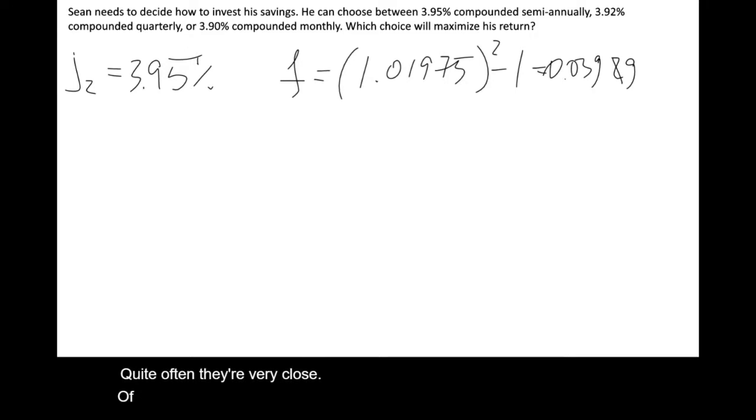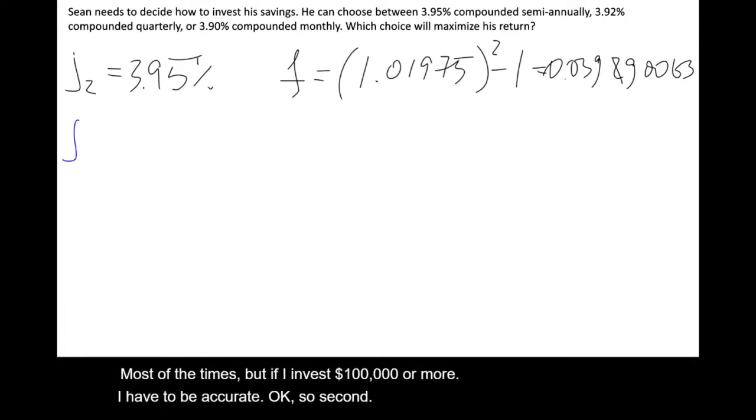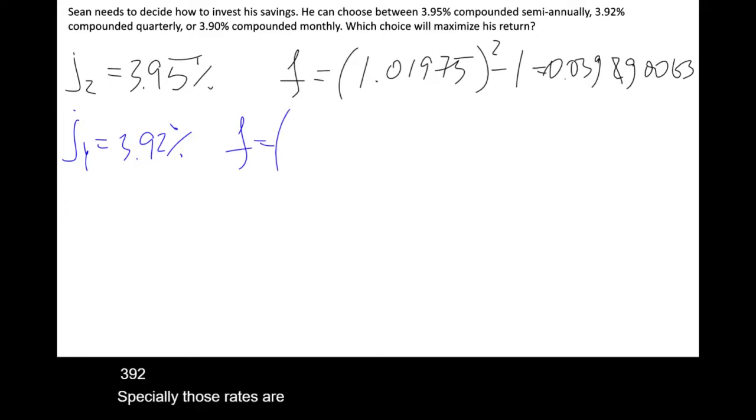Of course, if I invest $100, it's not going to make a difference most of the time. But if I invest $100,000 or more, well, I have to be accurate. So second, J4 3.92%. Especially since those rates are so close.